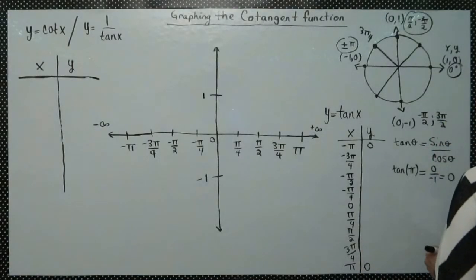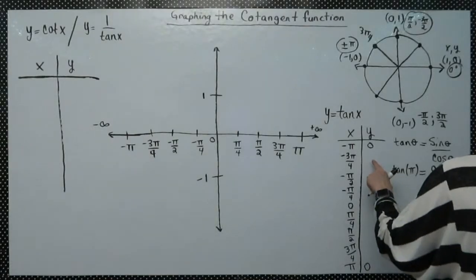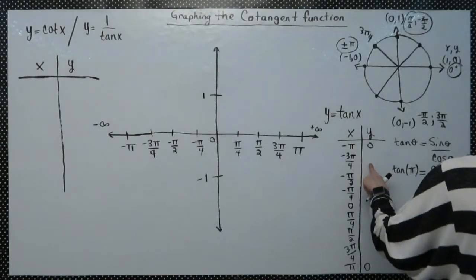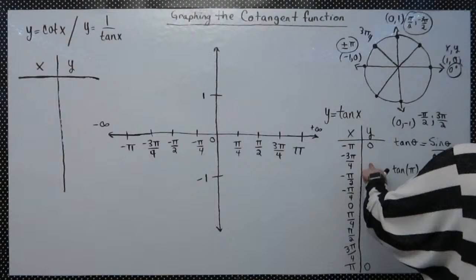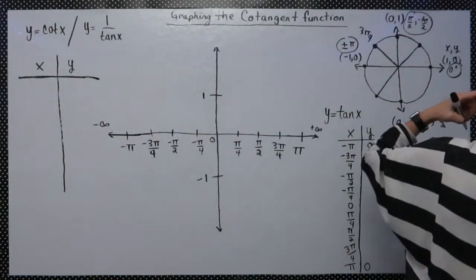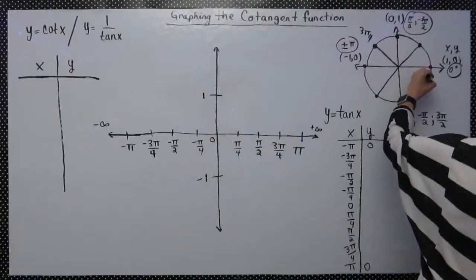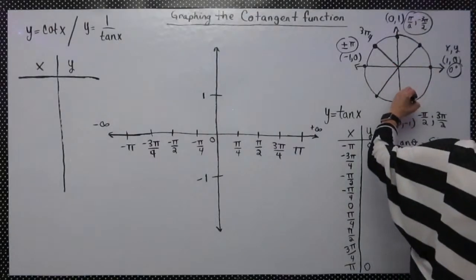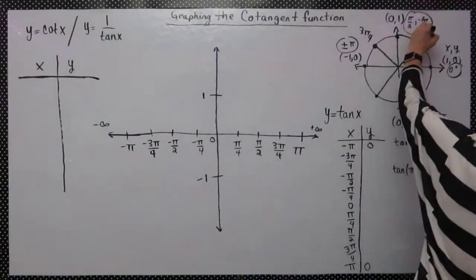And then we're going to go to our next value, negative 3 pi over 4. And this is positive 3, so negative 3 pi over 4. That's positive pi over 4 is going to be here, right?